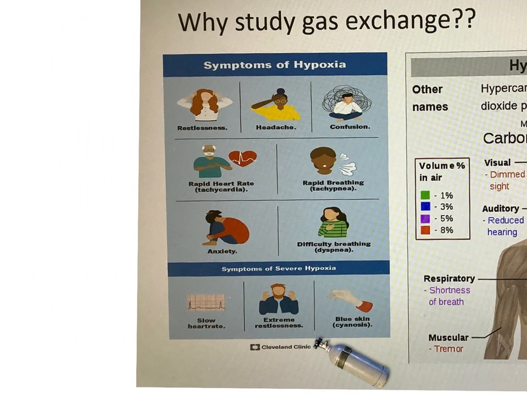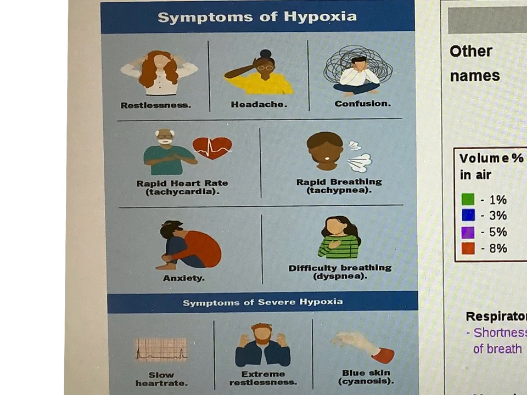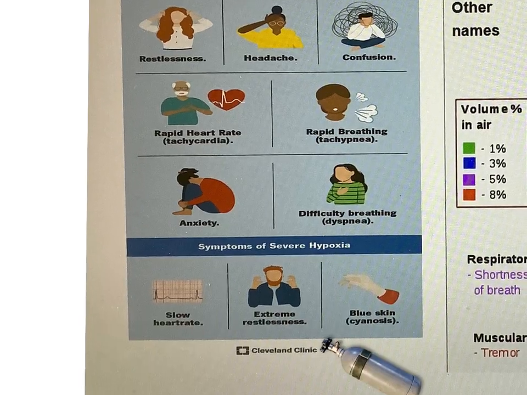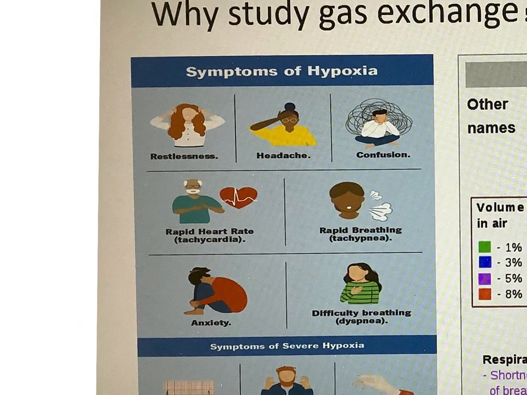And we have symptoms of hypoxia, low oxygen, symptoms of hypercapnia. And we have our early signs versus later signs. So we're going to start by talking about what's going to be happening earlier, right? And really early on, somebody's going to start getting really restless and anxious.